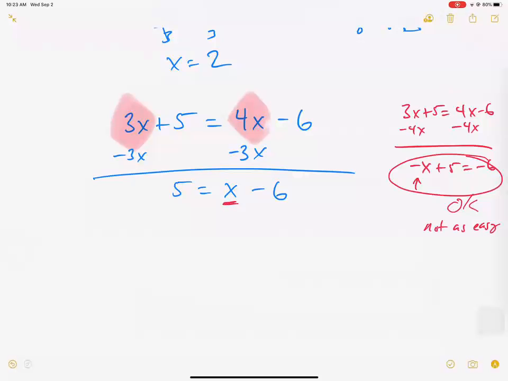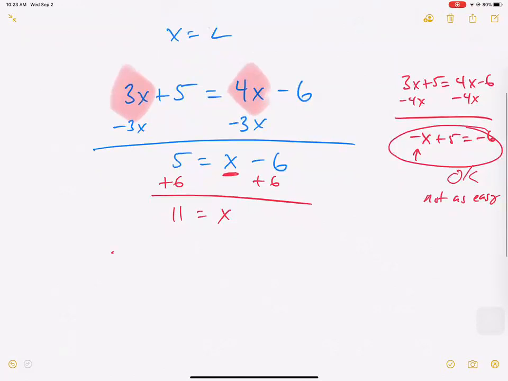Over here, x is nice and positive, so I don't have to worry about that negative sign. Next move, let's get rid of the 6. 5 plus 6 is 11 is equal to x. And no, 11 doesn't look like an answer that would make this true.